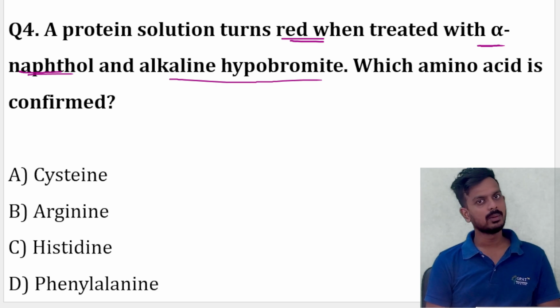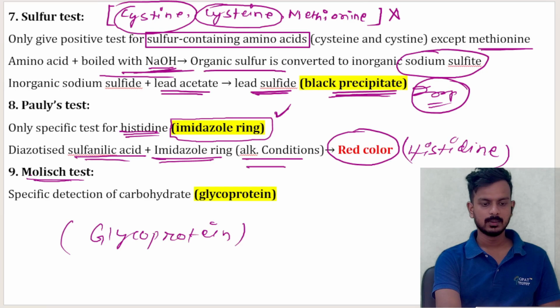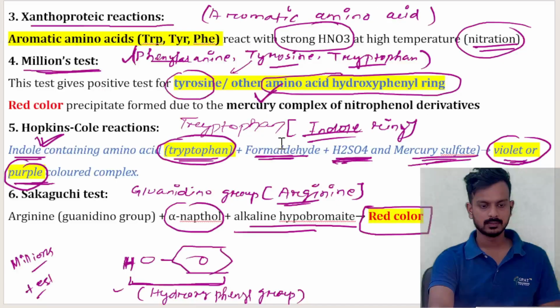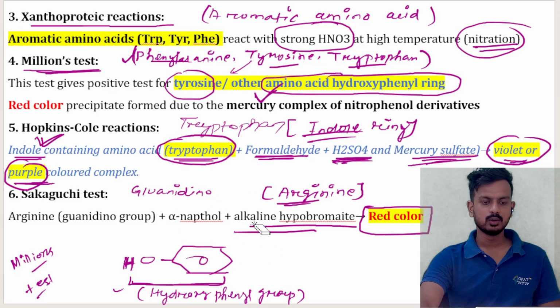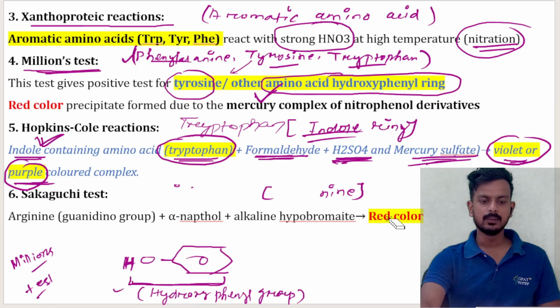Recall what we have learned. Come to this slide. When this guanidino group reacts with alkaline hypobromite, come to this slide.